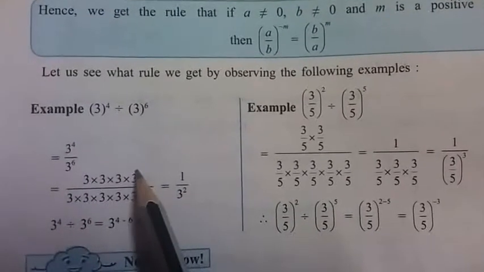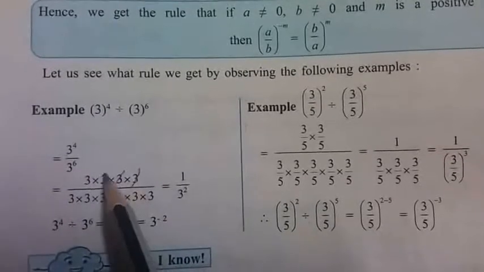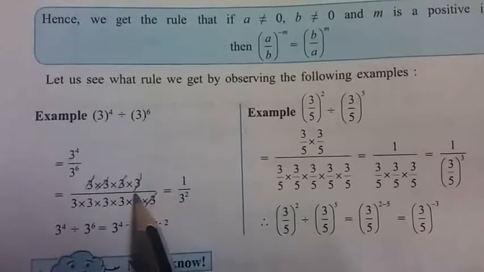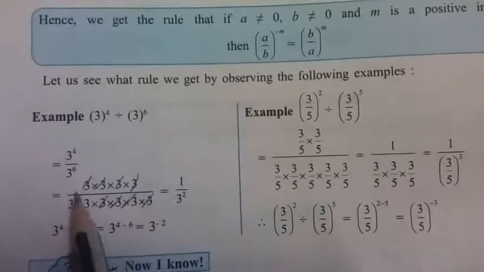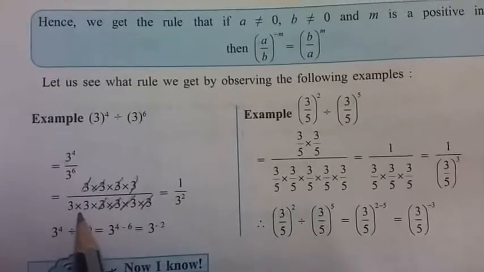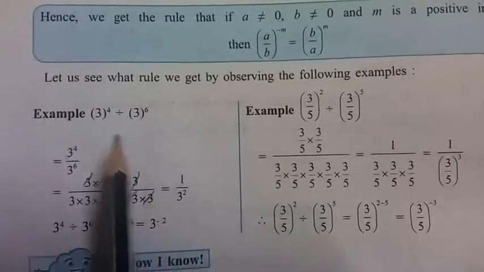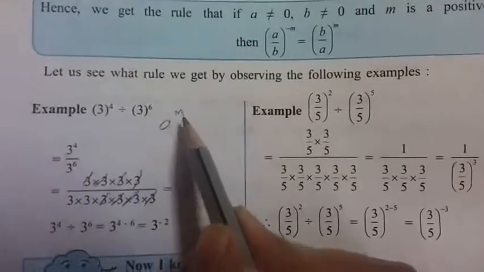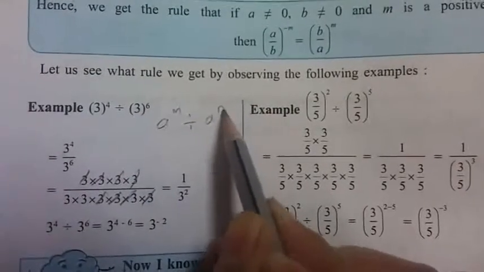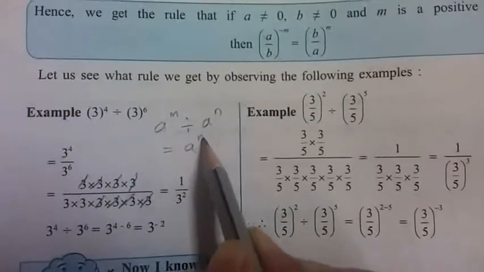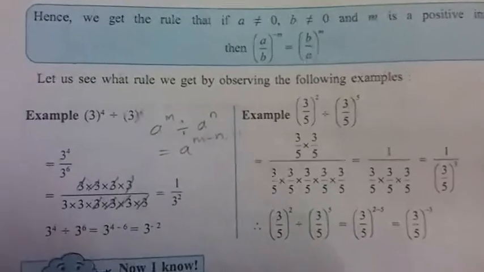Now see how many 3's will cut. 1, 2, 3, 4. What is remaining? 1 upon 3 multiplied by 3, means 1 upon 3 squared. And we have already learned the formula a raised to m divided by a raised to n is equal to a raised to m minus n.